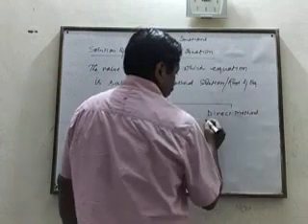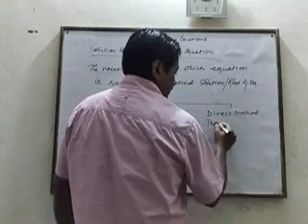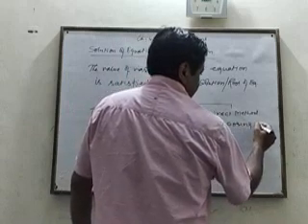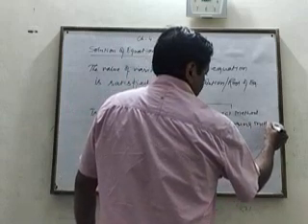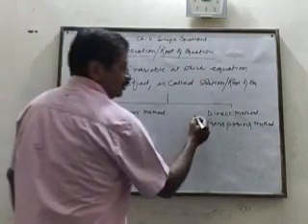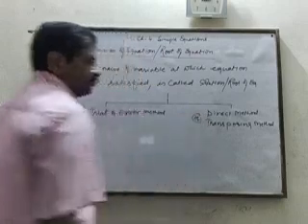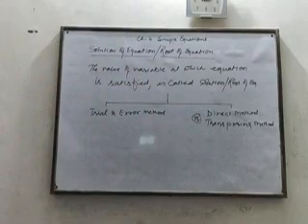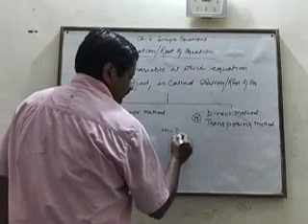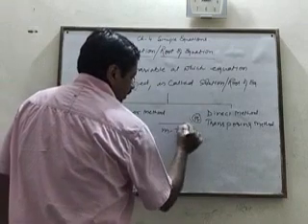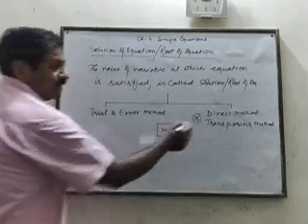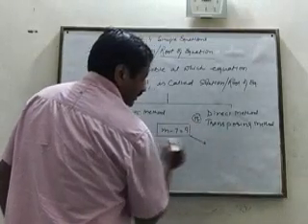This is also called the transposing method. So we are taking the same example, m minus 7 equal to 9. How will we do this by the trial and error method and by the transposing method?